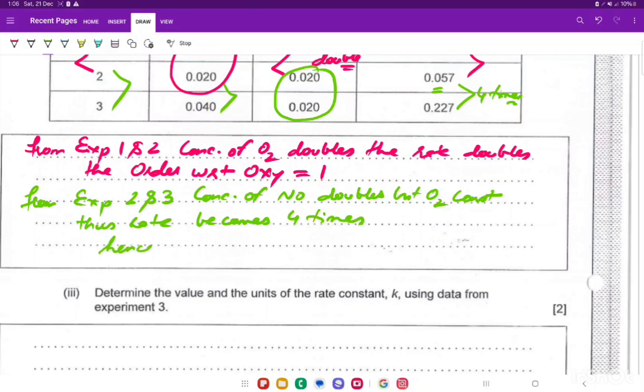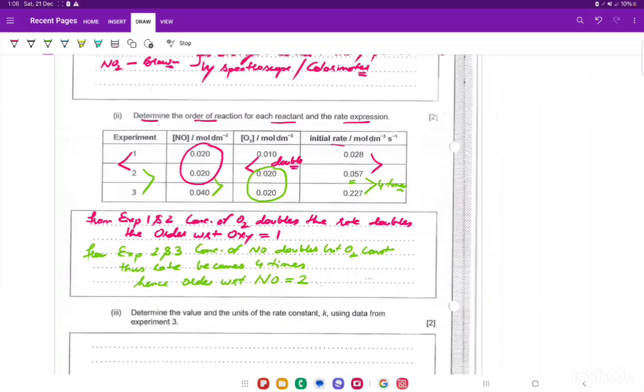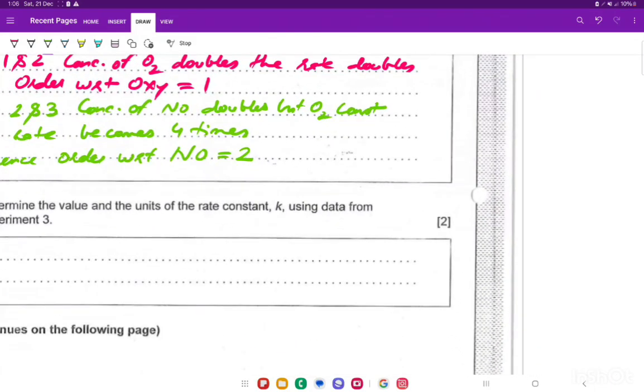Hence order with respect to NO is 2, second order. Therefore, my rate expression will be R equals k [NO]^2 [O2]. This will be my rate expression.